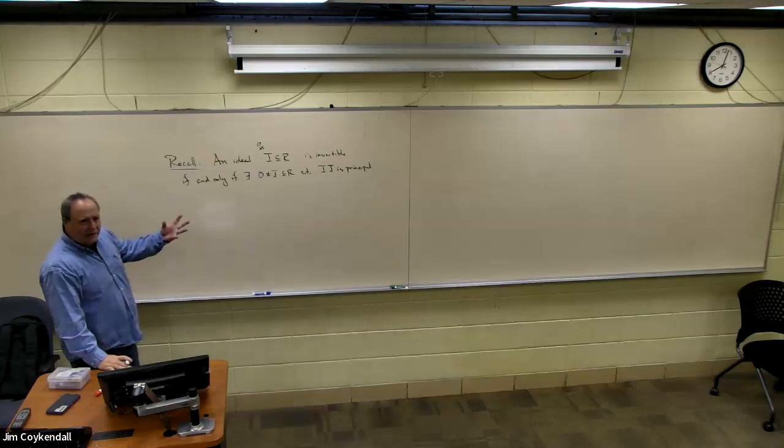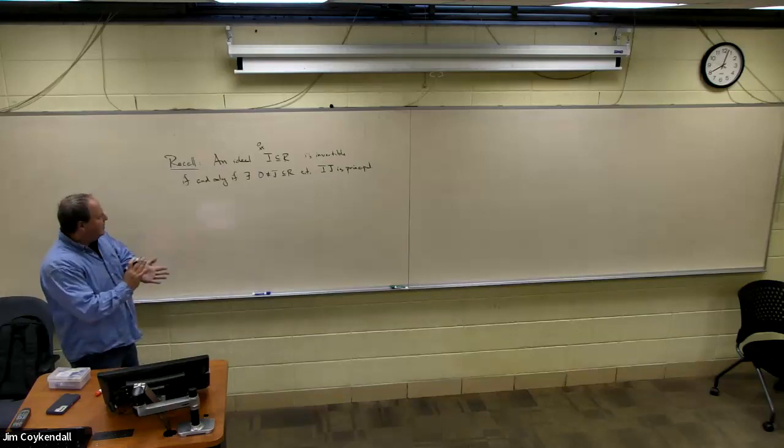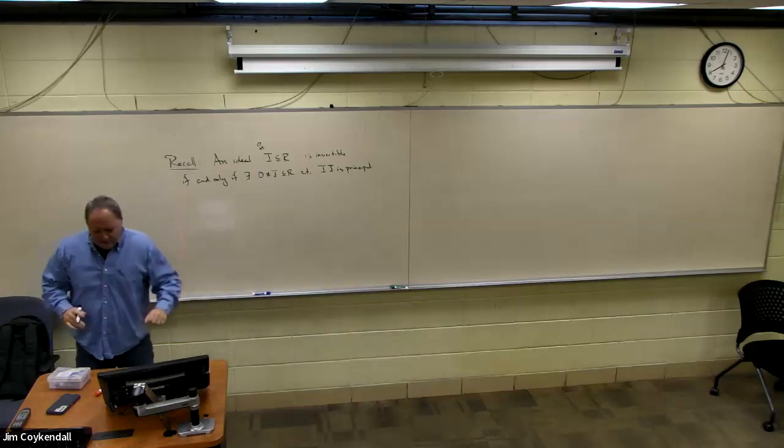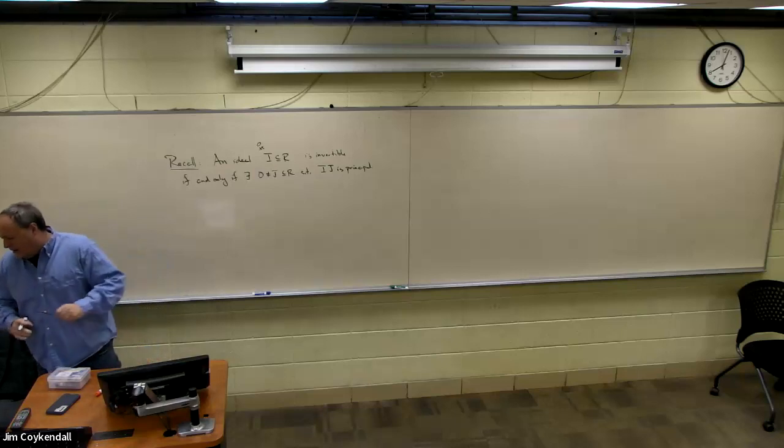An ideal is invertible if and only if you find some other ideal, you multiply them together, you get a principal ideal. I think we proved this already, and it's fairly easy to show.